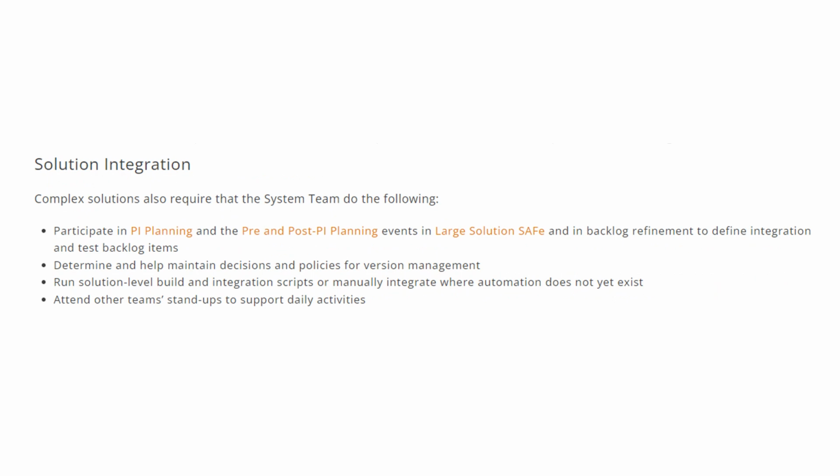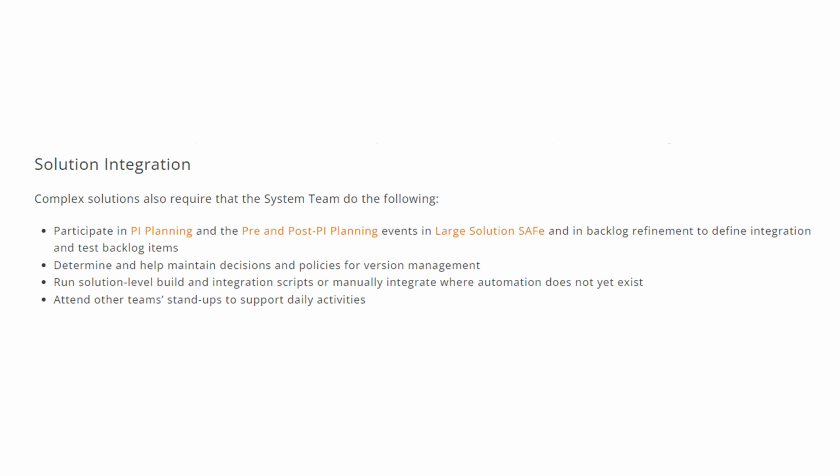The next aspect of responsibilities with the system team is solution integration. Since we build complex solutions, the system team needs to be there for solution integration. They should participate in PI planning and pre and post PI planning events in Large Solution SAFe, and in backlog refinement to define integration and test backlog items.